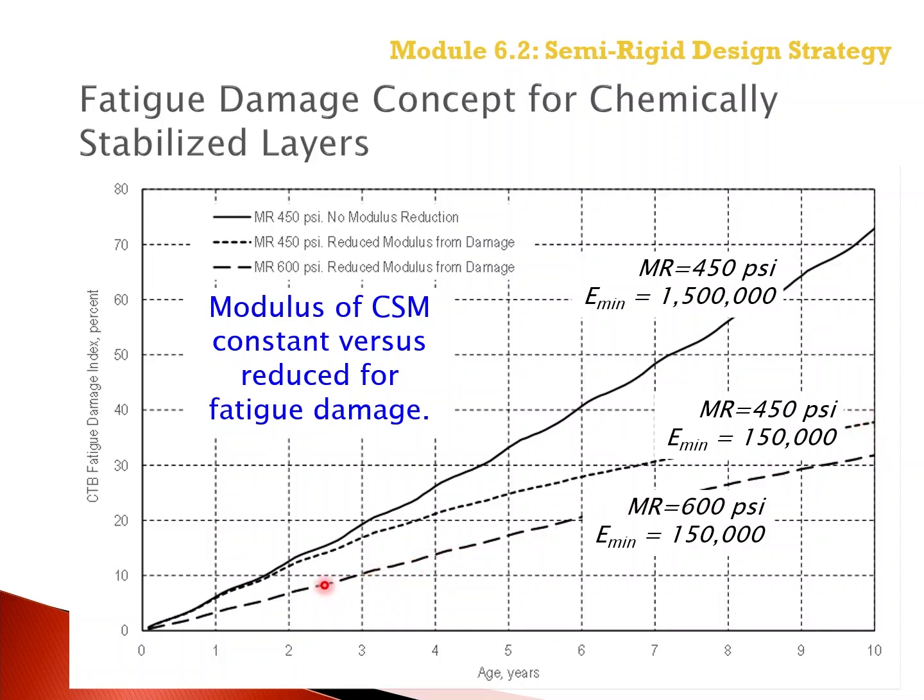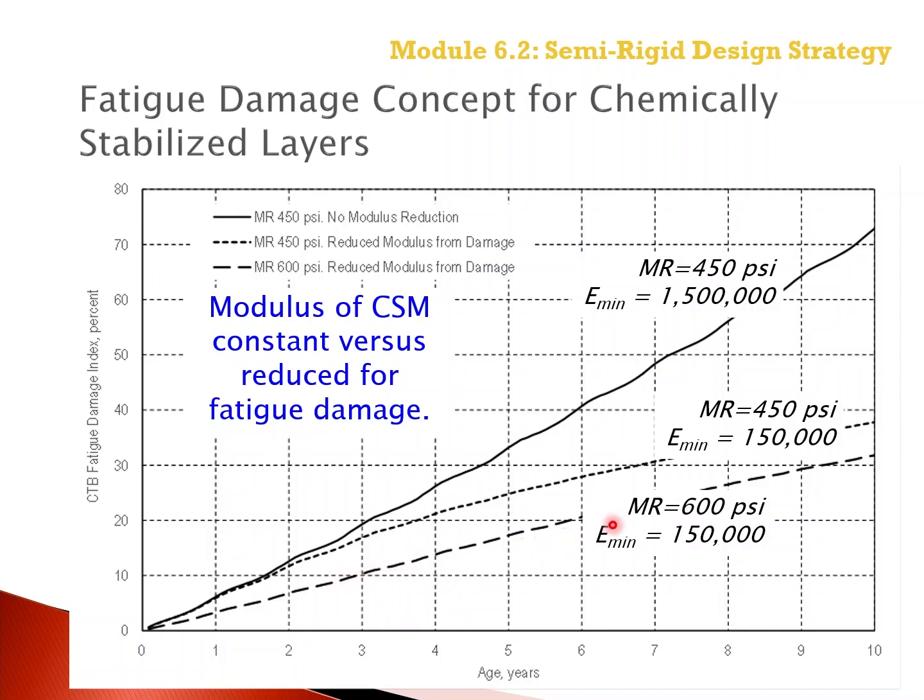The last example is a longer dash line, and this represents a flexural strength of the stabilized layer of 600 psi with an elastic modulus minimum of 150,000 psi, similar to the other example. And again, the calculated elastic modulus becomes very low because the fatigue damage is increasing over time.